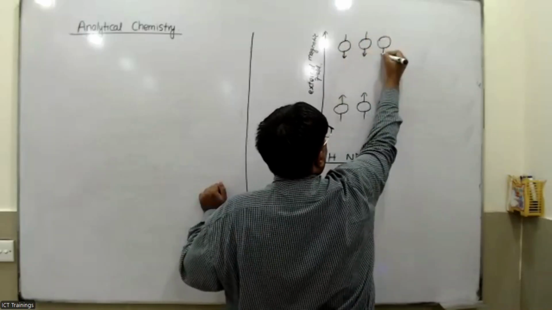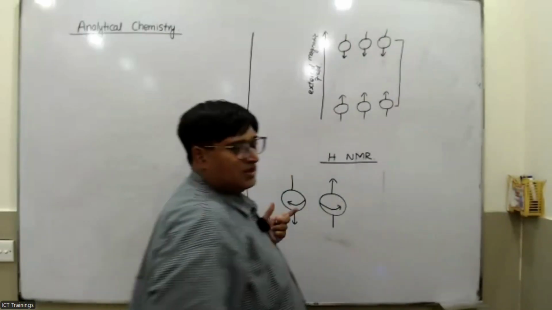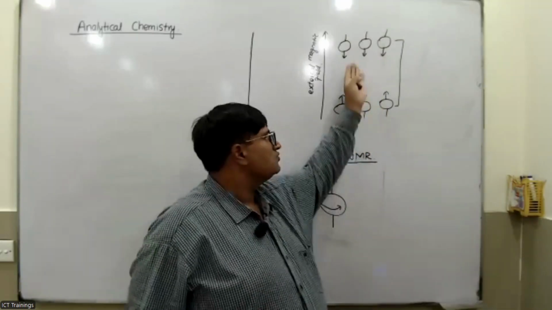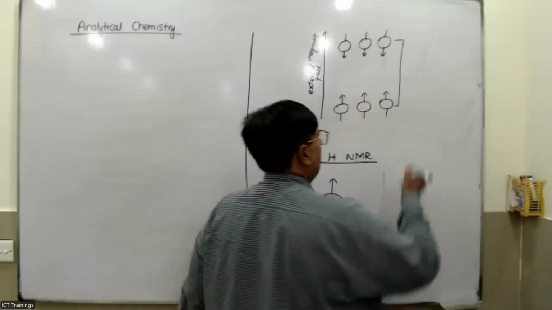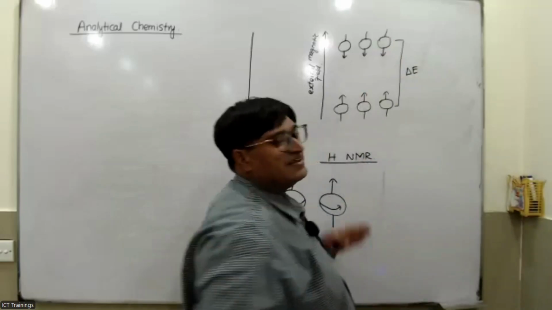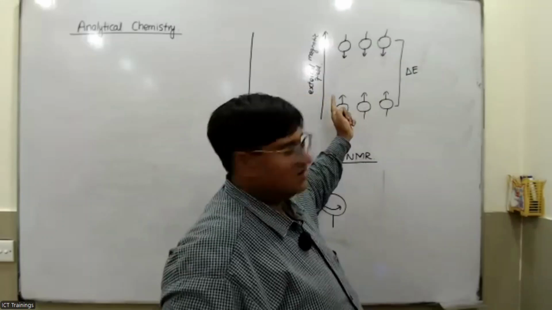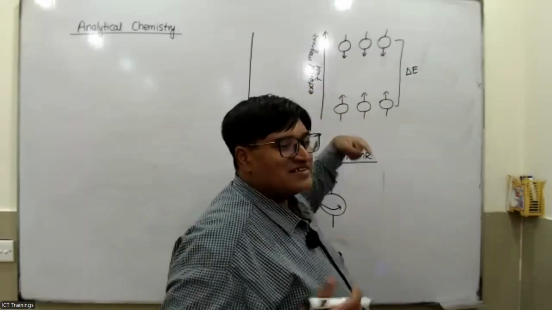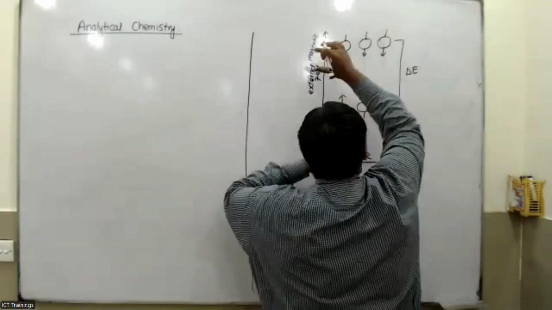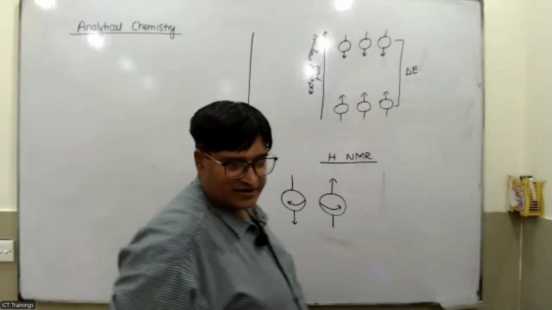So hydrogen atoms form two spin states, two different energy levels, and this energy difference is delta E. It can be increased or decreased by changing the strength of the external magnetic field. If you increase the strength of the magnetic field, this increases, and if you decrease the strength, it is reduced. Did you get it?